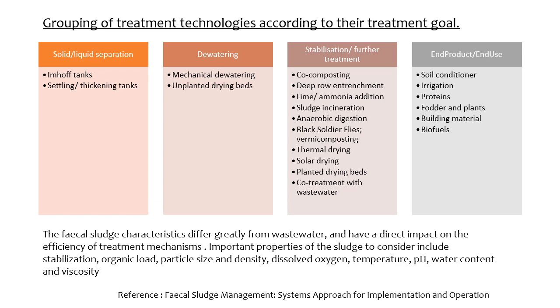The fecal sludge characteristics differ greatly from wastewater and have a direct impact on the efficiency of treatment mechanism. Important properties of sludge to consider include stabilization, organic load, particle size and density, dissolved oxygen, temperature, pH, water content, and viscosity. These are the parameters which should be considered.